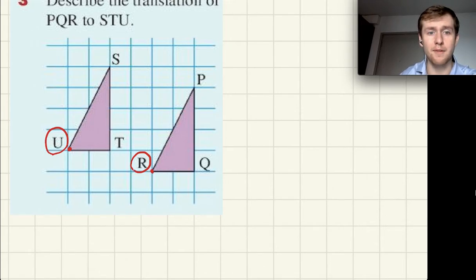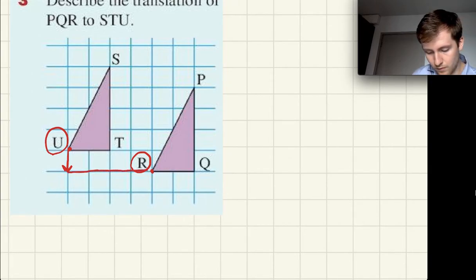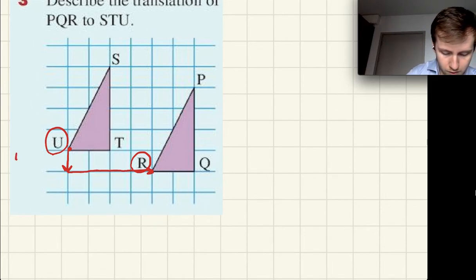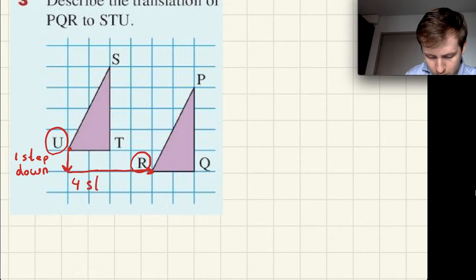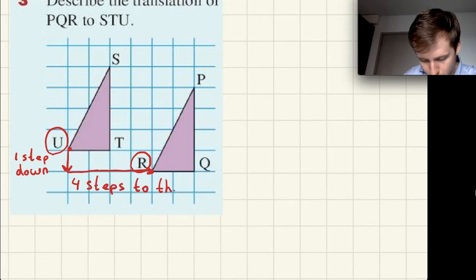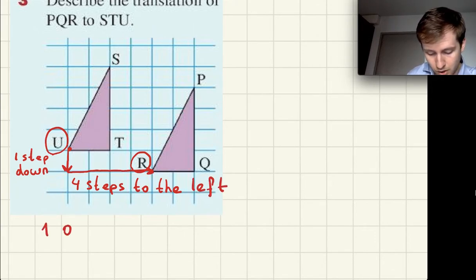So let's figure out what happened to point U. We can see that point U went 1 step down, and then it went 4 steps to the left. So again, 1 step down and 4 steps to the left.